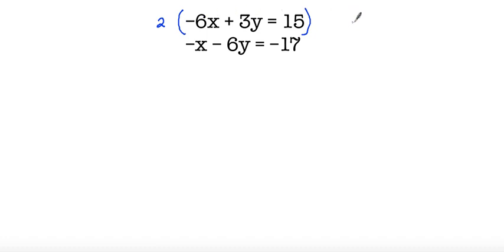So if I multiply that by 2, I end up with negative 12x plus 6y is equal to, and now I also have to multiply the 2 times the 15, so equal to 30. And then our second equation, I could just rewrite negative x minus 6y is equal to negative 17.